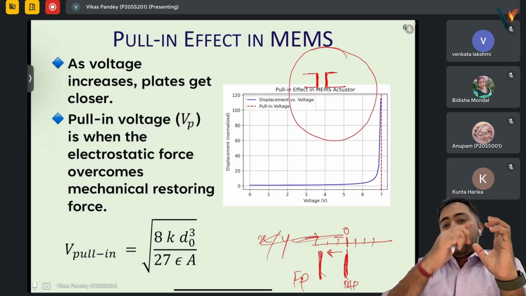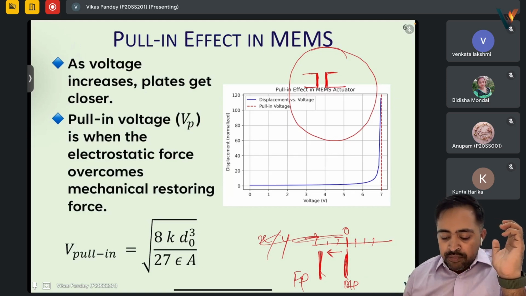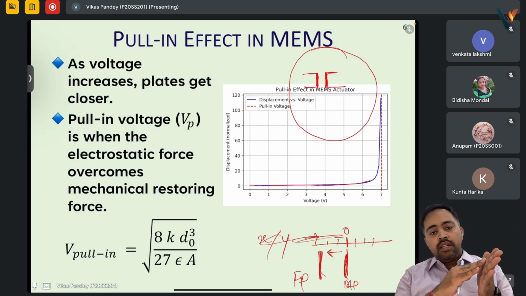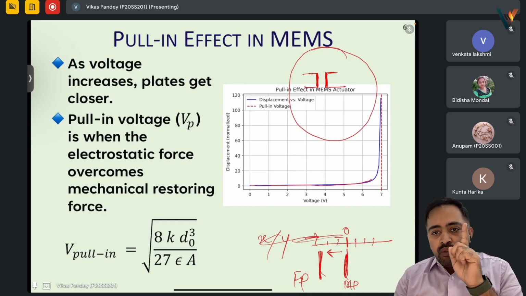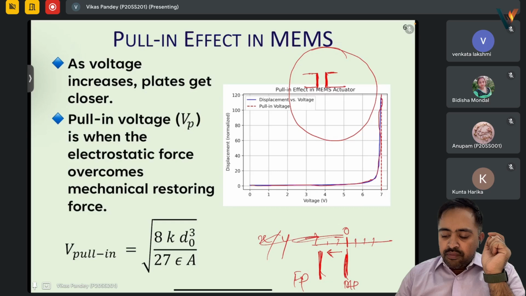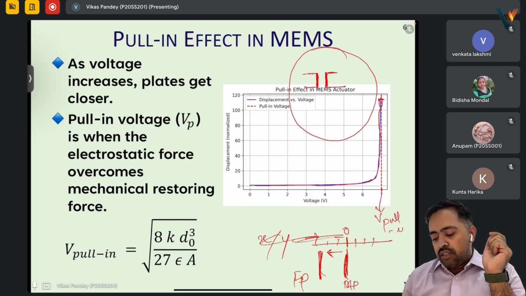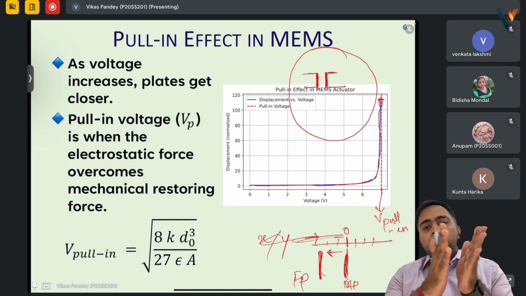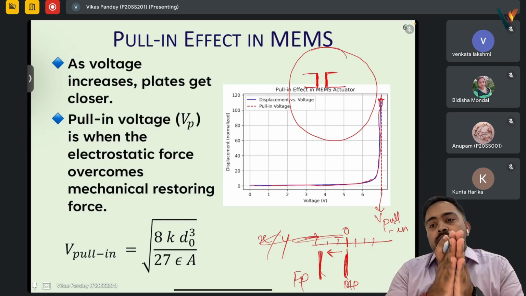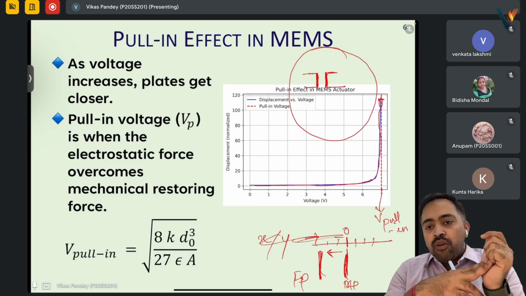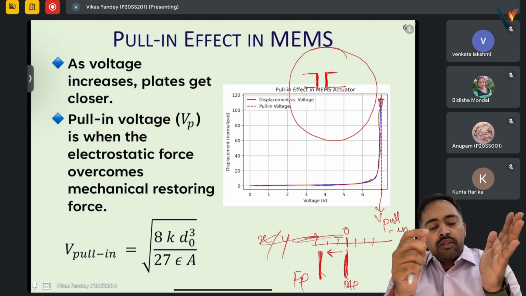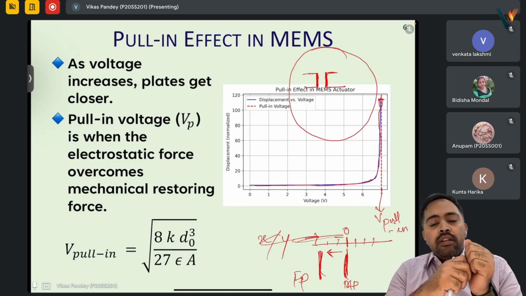If we plot a curve, we'll see that the displacement is negligible till some voltage, and at one point this displacement will rise, and this point is known as V pull-in. That is, it will try to pull the whole structure closer and remove the gap. So this is the maximum voltage that we can go for before breaking the structure.